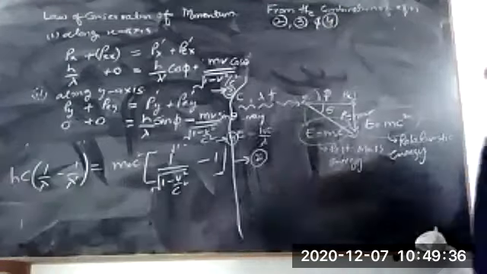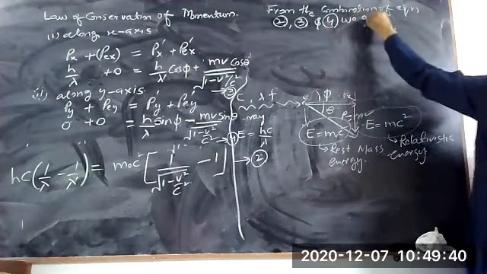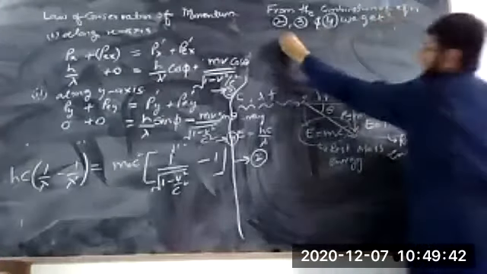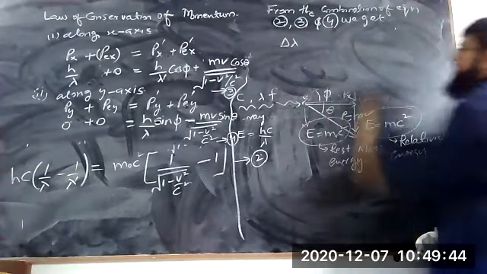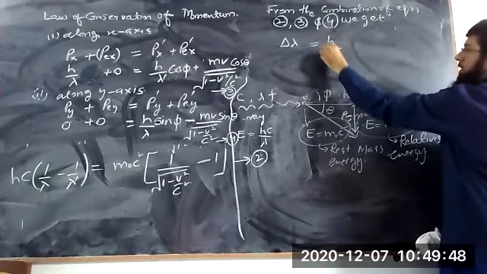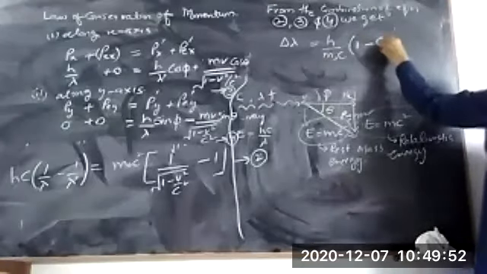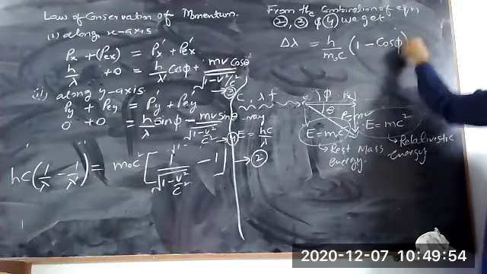We get the final result of the change in wavelength. Delta lambda, the change in wavelength, is equal to h upon m naught c into 1 minus cos of angle phi.